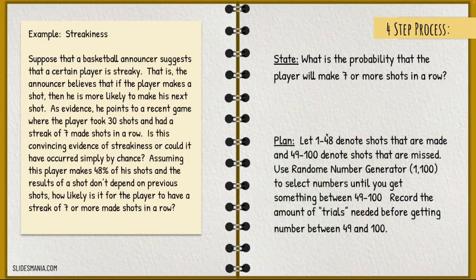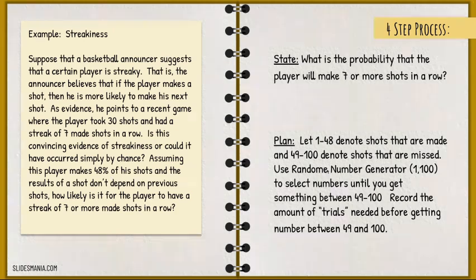Plan. We need to use a way to come up with the simulation. So we're going to use a random number generator. We are going to let 1 through 48 denote shots that are made, and 49 through 100 denote shots that are missed, because it says, assuming the player makes 48% of his shots.